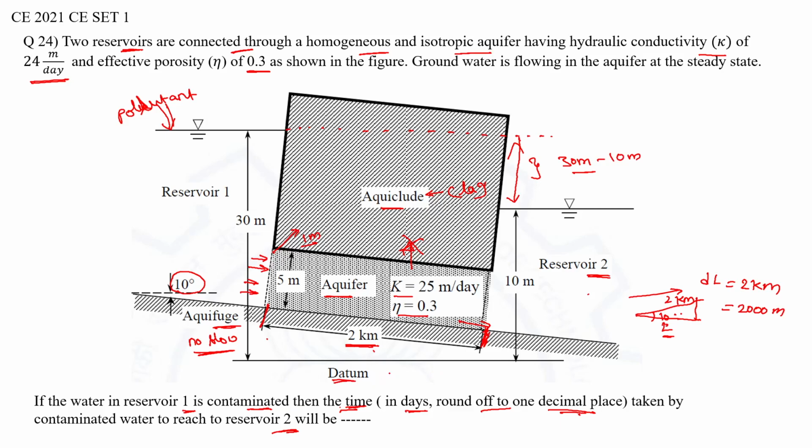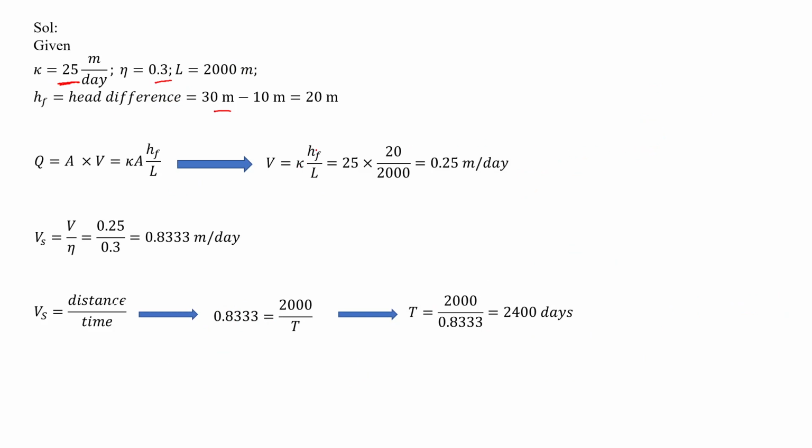As I showed in the previous slide, we should always work with the total heads. This 30 meter is shown with respect to the datum, and here 10 meters is also shown with respect to the datum. So we can directly take the head difference, 30 meters minus 10 meters, so it will be 20 meters.